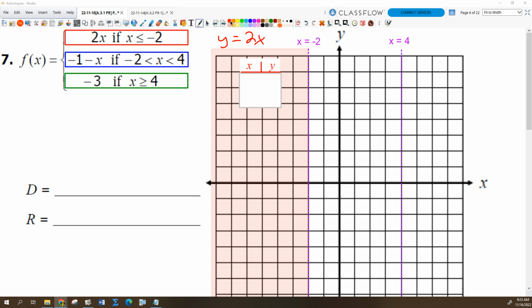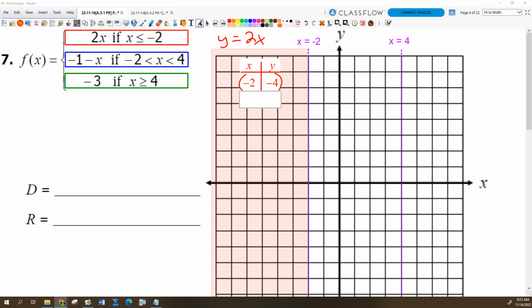Negative 2 is great because it's the boundary. We want to know where this red line stops when it gets to the boundary. So if I plug negative 2 in for x, what does y equal? y would be 2 times negative 2, which is negative 4. Good. So we end up with one ordered pair, negative 2, negative 4. And remember that in a t-table, if we write it vertically, the x and y values just look like an ordered pair.